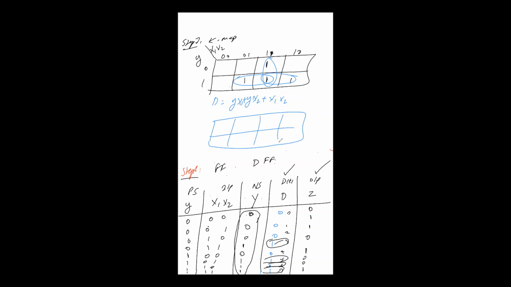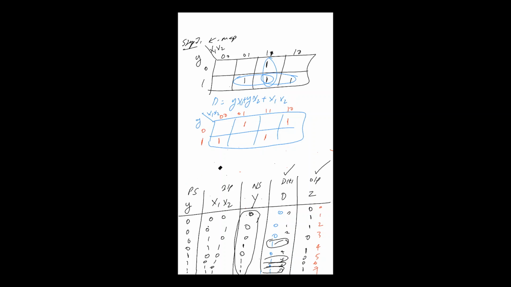Fill for Z, with Y x1 x2. Check for the Z condition: 0, 1, 2, 3, 5, 6, 7. So it is 1 at 1, 1 at 2, 1 at 4, and 1 at 7. Right?